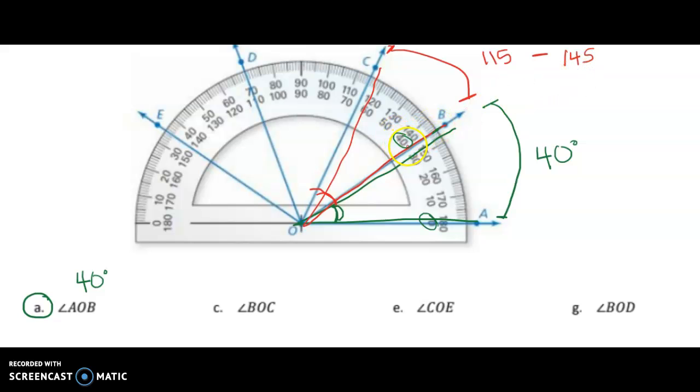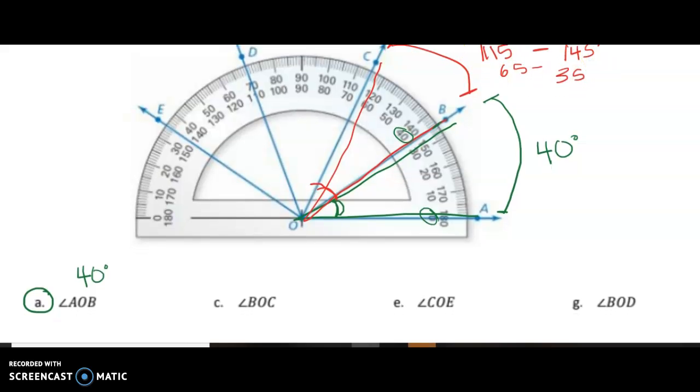Or I can look at the bottom number, from 65 to 35. It doesn't matter which way you do it, because if you take the absolute value of both, oops, sorry guys, this is 30 degrees. And if you take the absolute value of this, this is also 30 degrees. So this would be a 30-degree angle.